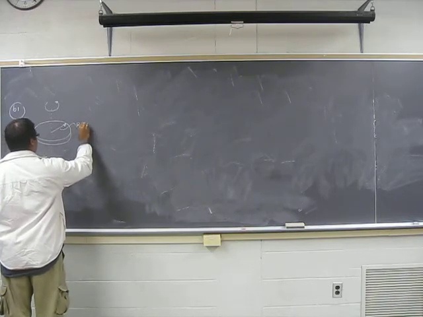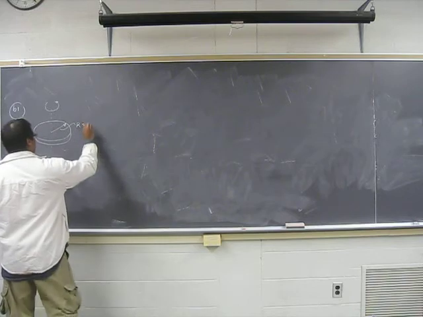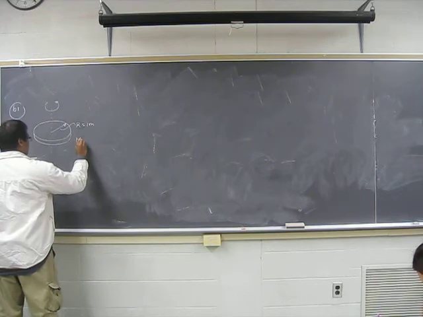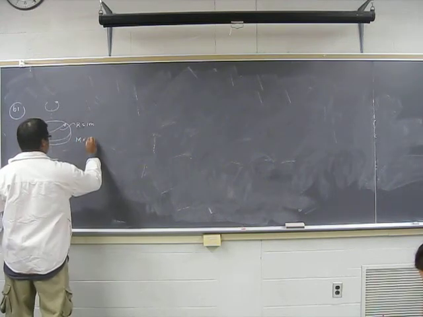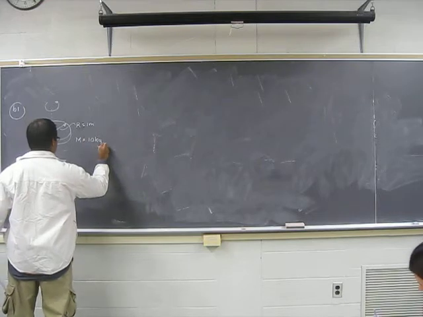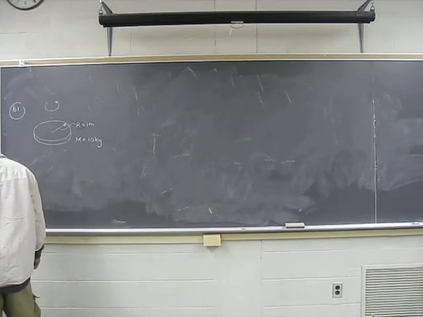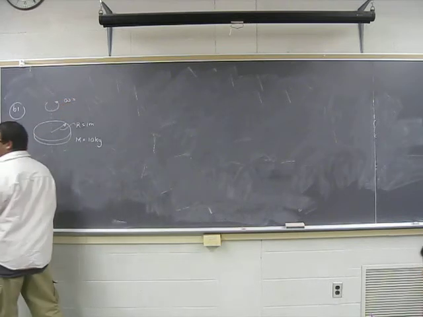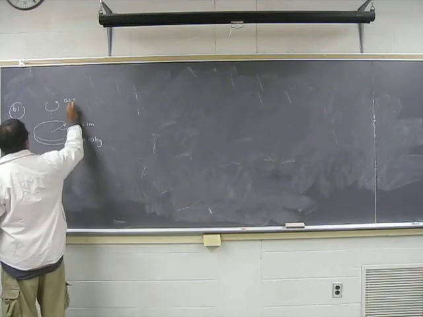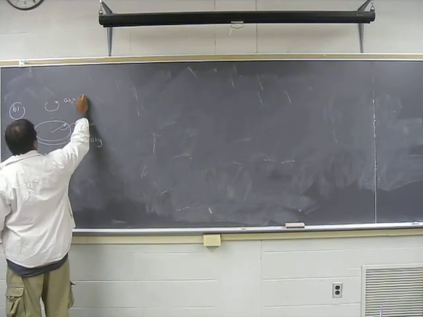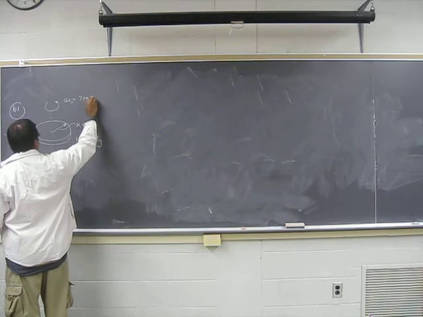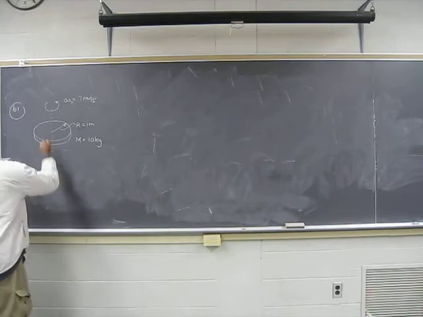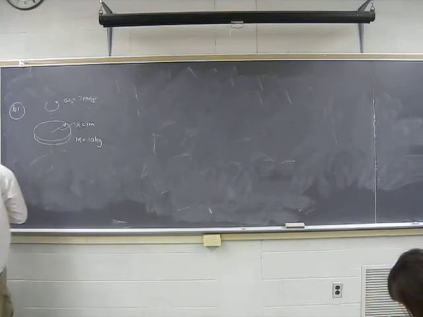I'm going to put capital R, 1 meter. Mass of the disk is what? 10 kilograms. What's the initial angular velocity? 7 radians per second, right? 7 radians per second.